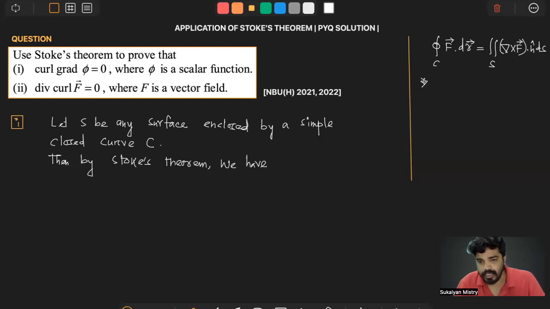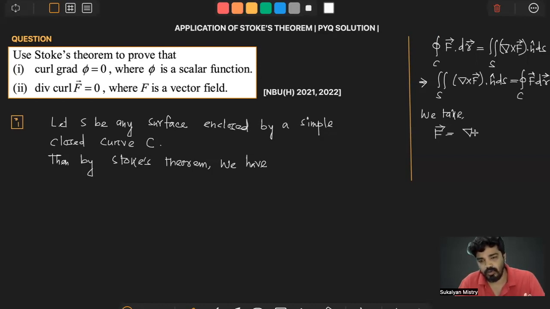So double integration over S del cross f dot n ds equal to integration over C f dot dr. Getting my point? এবার আমি f কে কনসিডার করছি, we take f is equal to del phi. So just you replace f by del phi. So what we get?